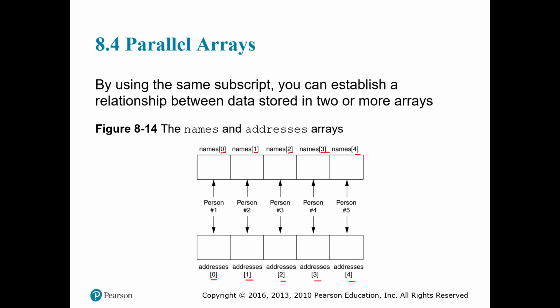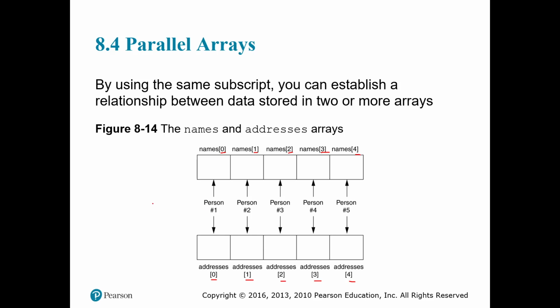So subscript 0 in any of the arrays that we have will store information about person 1. The same with person 2. Person 2 will be subscript 1, person 3 will be subscript 2, and so on. This way you can easily find all of the information that you have stored about something or someone.